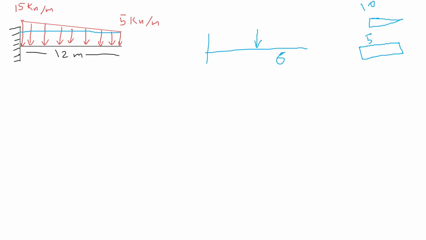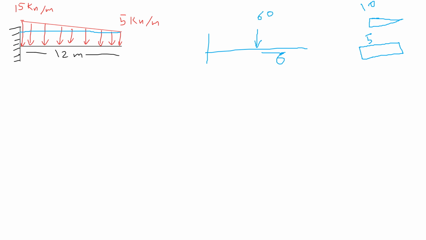I got this is 6 and this is 6 here, the rest is 6. And this is going to be 5 over 12, 5 multiplied by 12 is going to be 60. So I got 60 over here.